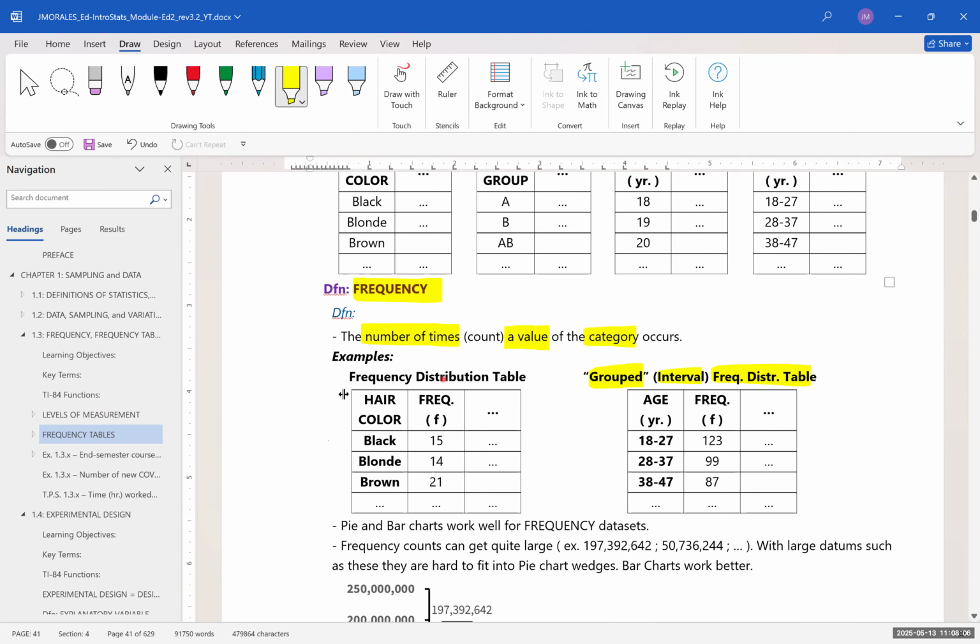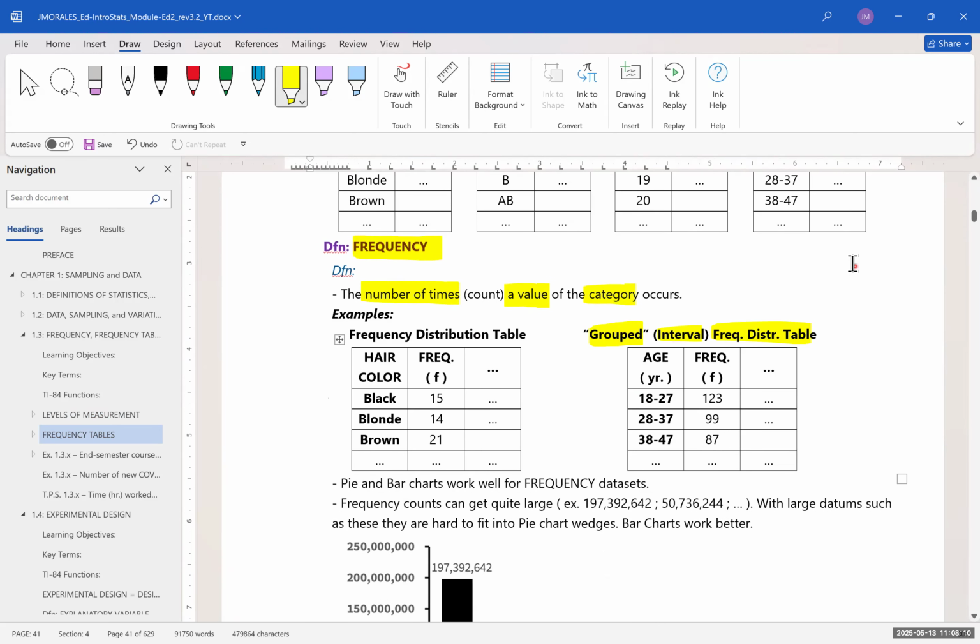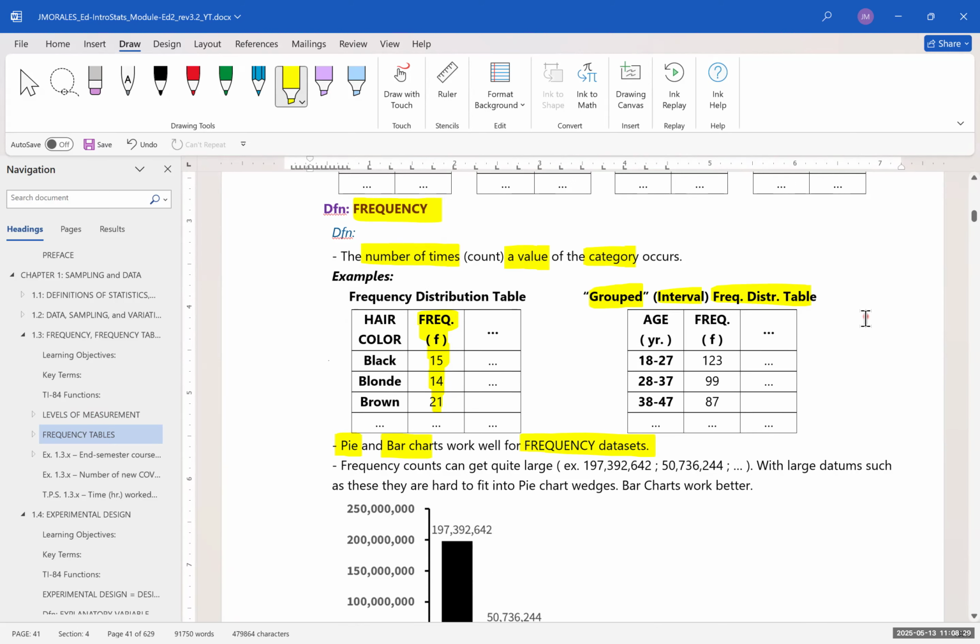When it comes to making graphs of frequency distribution tables, pie charts and bar charts work well for frequency data sets. So here we've got a frequency data set that could be expressed as both a pie chart or a bar chart.